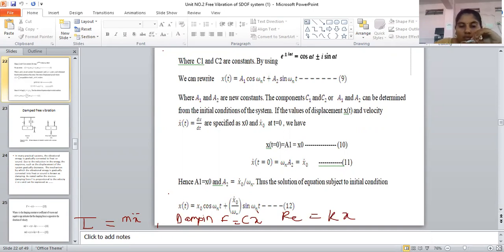After that we have to move further to solving the derivation of the equation for this damped free vibration. So what is this damping? What is the damping coefficient?